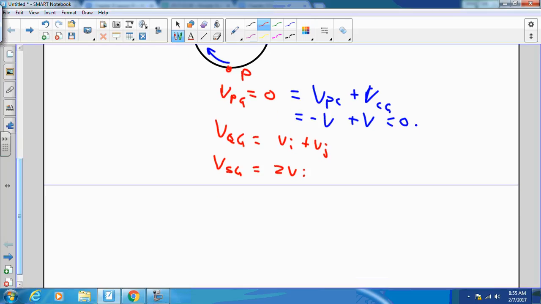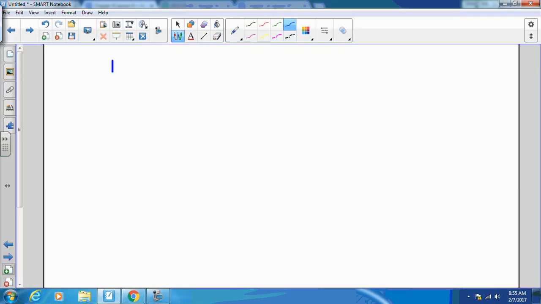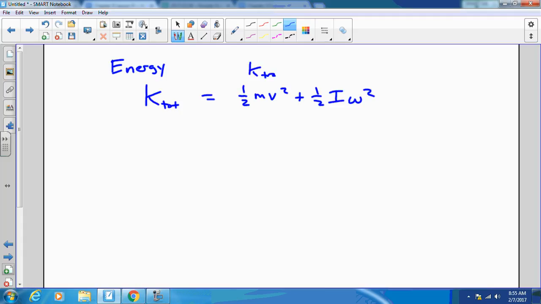Okay, now let's take a look at energy considerations. The total kinetic energy that an object will have while it is rolling is going to be the translational kinetic energy plus the rotational kinetic energy, or 1/2 mv squared plus 1/2 I omega squared.